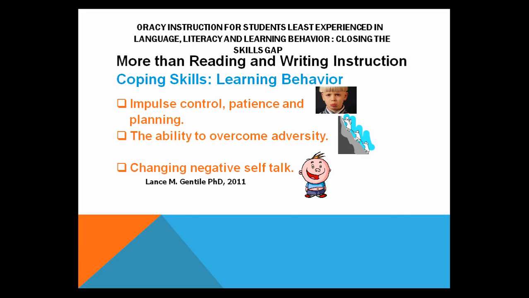And the teacher needs to find ways to intervene in those kids' helplessness or their sense of discouragement, and provide just the right amount of challenge that will demonstrate their ability to overcome the adversity and then become more competent little by little. And at heart, it's this changing of the negative self-talk.